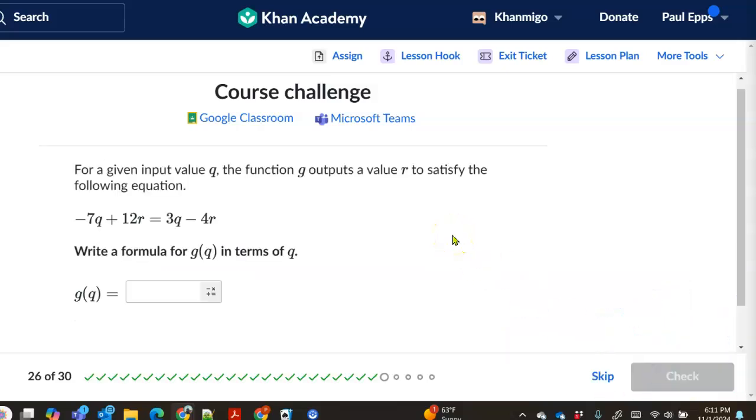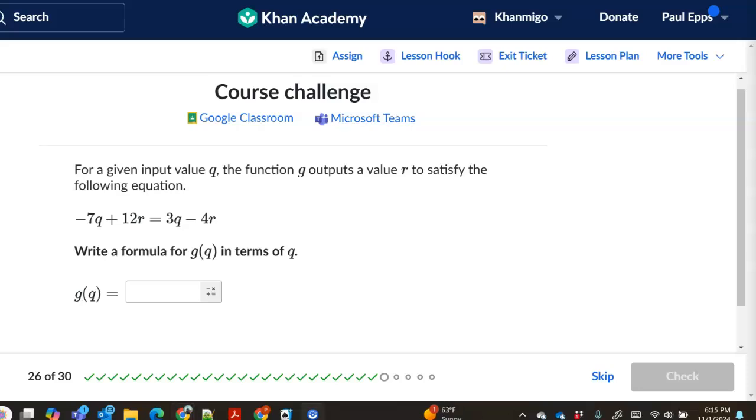For a given input q, the function g outputs a value r to satisfy the following equation. Write a formula for g of q in terms of q. Okay.